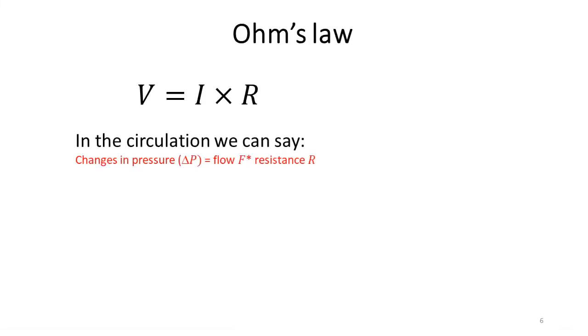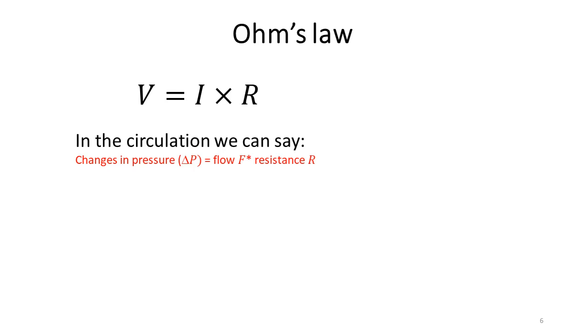Let's see Ohm's law in physics and relate it to the circulatory system. You can remember from physics, V as voltage is equal to I as current multiplied by R as resistance in Ohm's law. So we can relate this to the circulatory system.